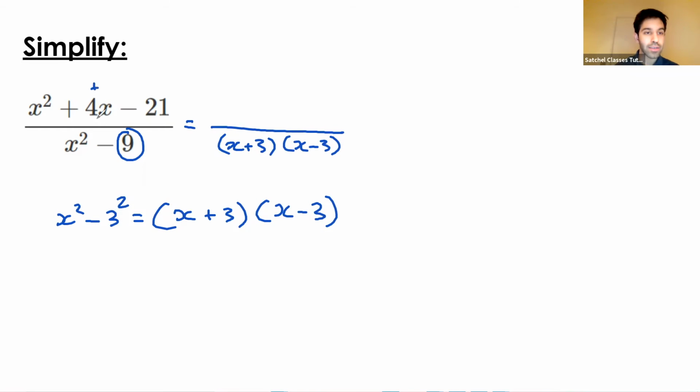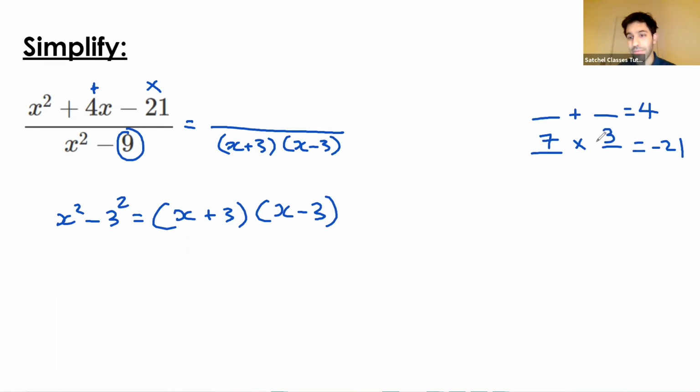So again, I need to think of two numbers that add to give me 4, and the same two numbers that multiply to give me minus 21. Notice this negative sign belongs to the 21, so minus 21. Now, two numbers that multiply to give 21 and have a difference of 4, well, that's going to be 7 and 3.